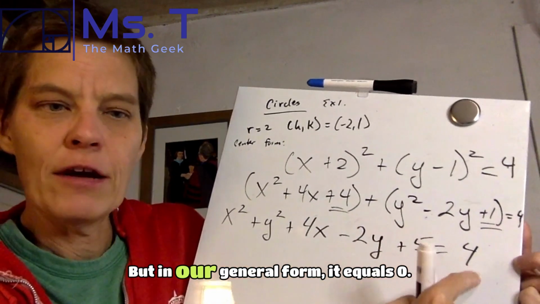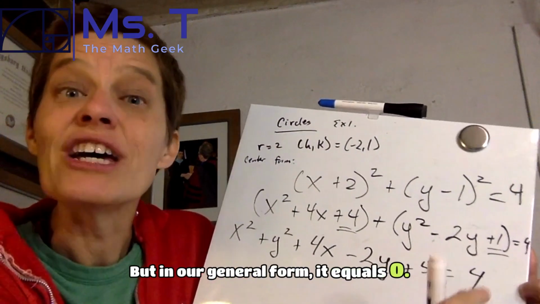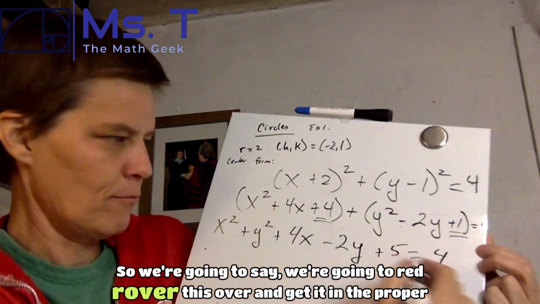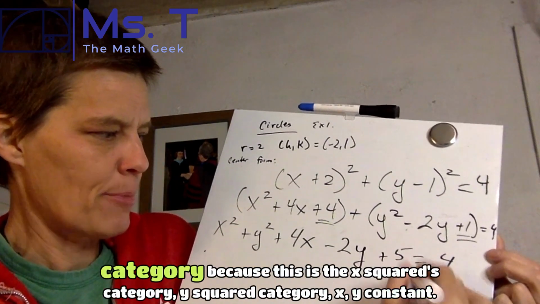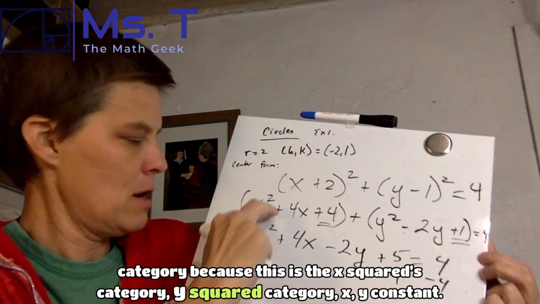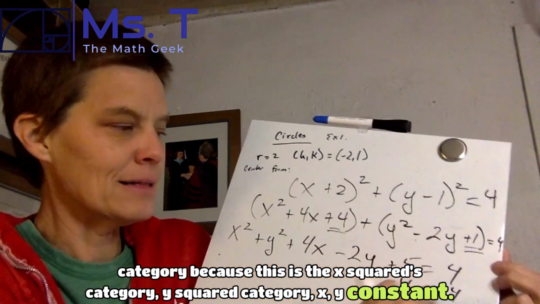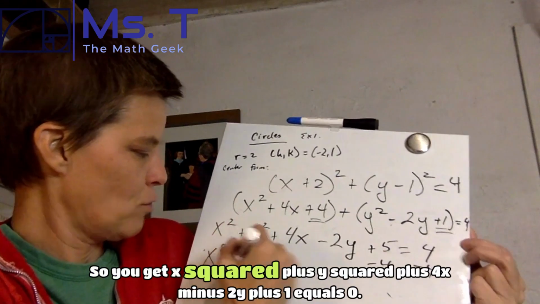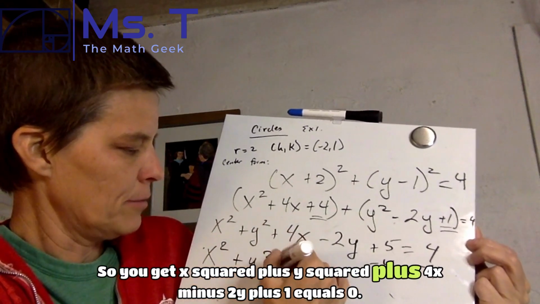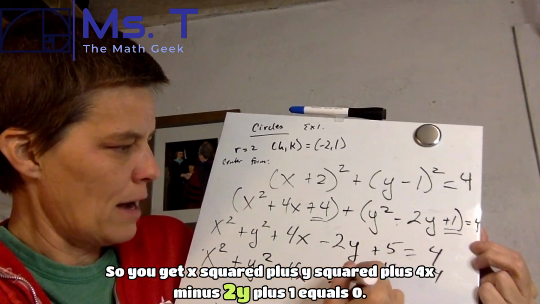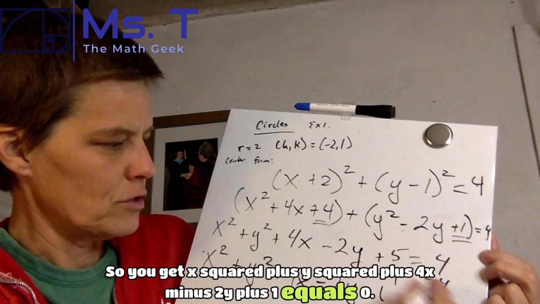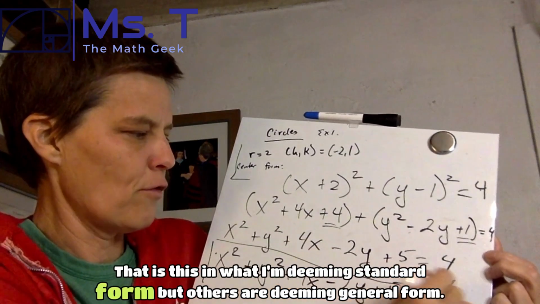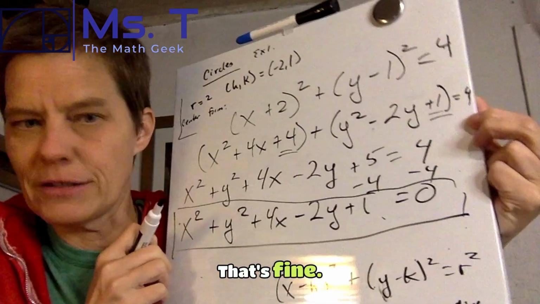But in our general form, it equals 0, okay? So we're going to red rover this over and get it in the proper category, because this is the x squared category, y squared category, x, y, constant. This is a constant, so it goes into the constants category. So you get x squared plus y squared plus 4x minus 2y plus 1 equals 0. That is what I'm deeming standard form, but others are deeming general form. That's fine. There you go.